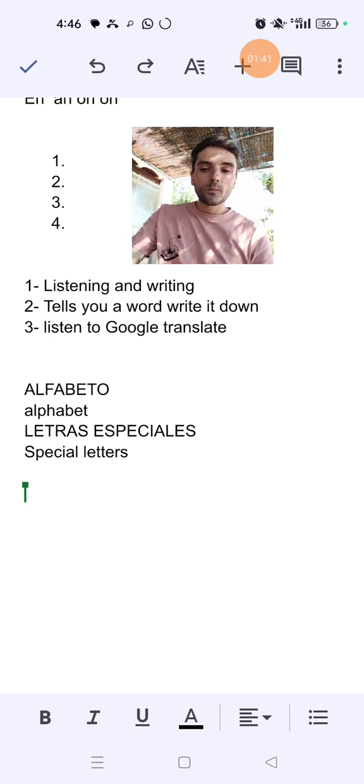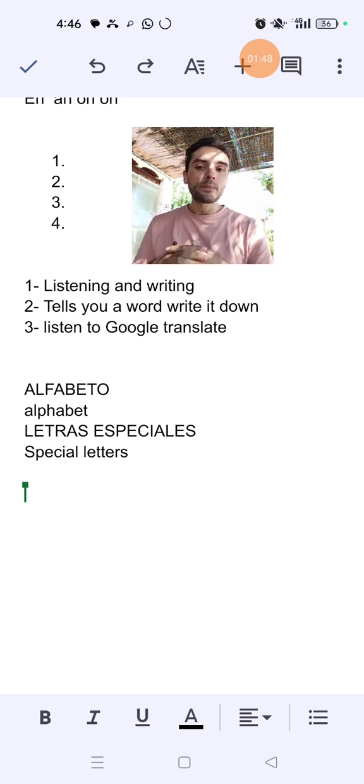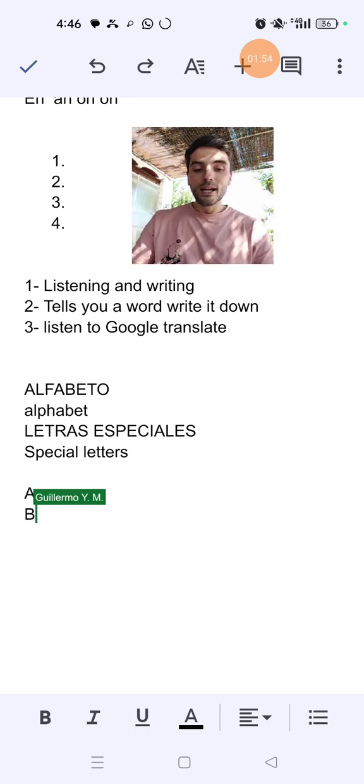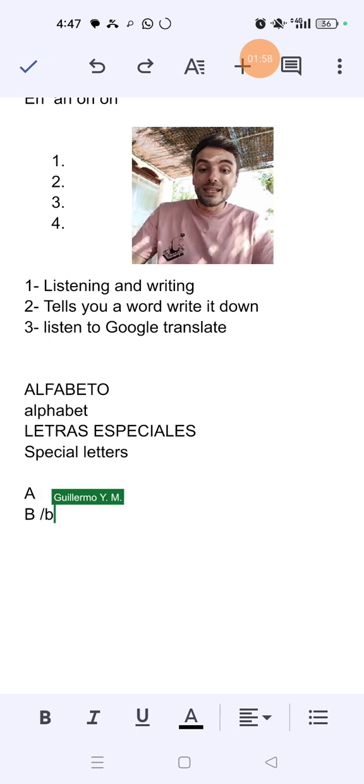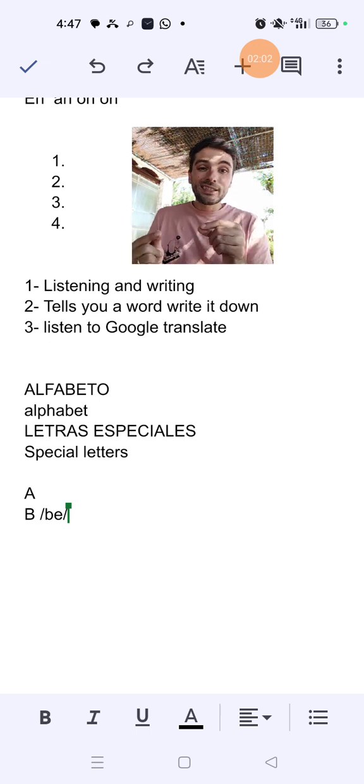So basically, what I can tell you is that the name of the letters have the same concept as in English. So in English we have the A, right, and we have the B, right? Something like be, right? Like the verb to be. Now in Spanish, this E is actually an E, correct?